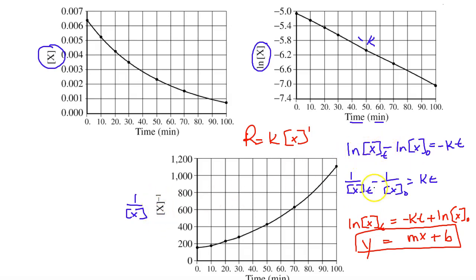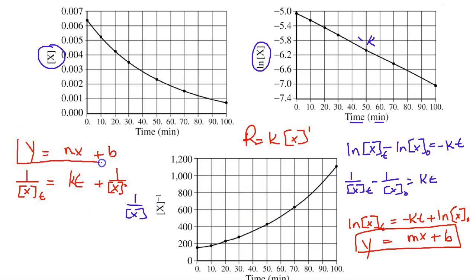Notice the 1 over x, you could do the same thing. If I went to 1 over x at some time period, which is my y, equals kt, notice it's positive in that derivation, plus 1 over x at 0, and we still get our y equals mx, except this time the slope is positive, and we should get a straight line if it's second order, but we don't here.